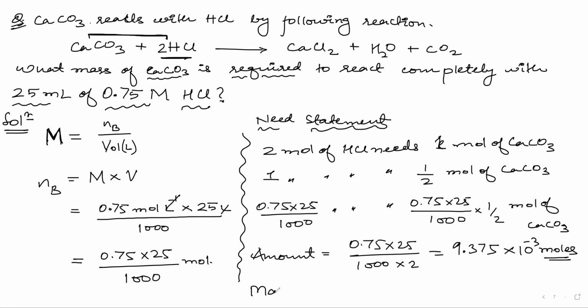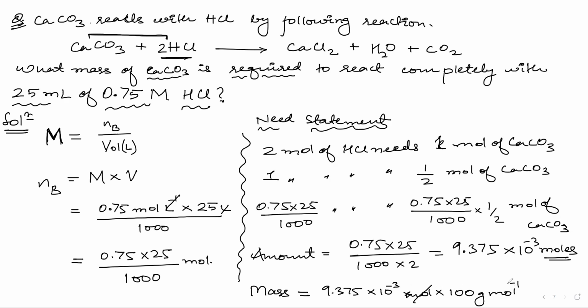Now, the mass will be equal to the number of moles, 9.375 into 10 to the power minus 3, into the molar mass of CaCO3, which is 100 grams per mole.